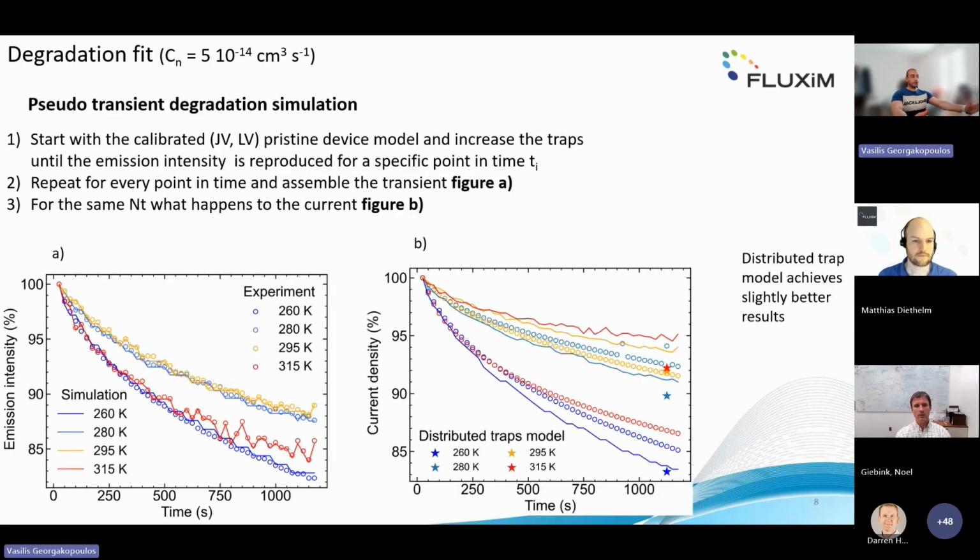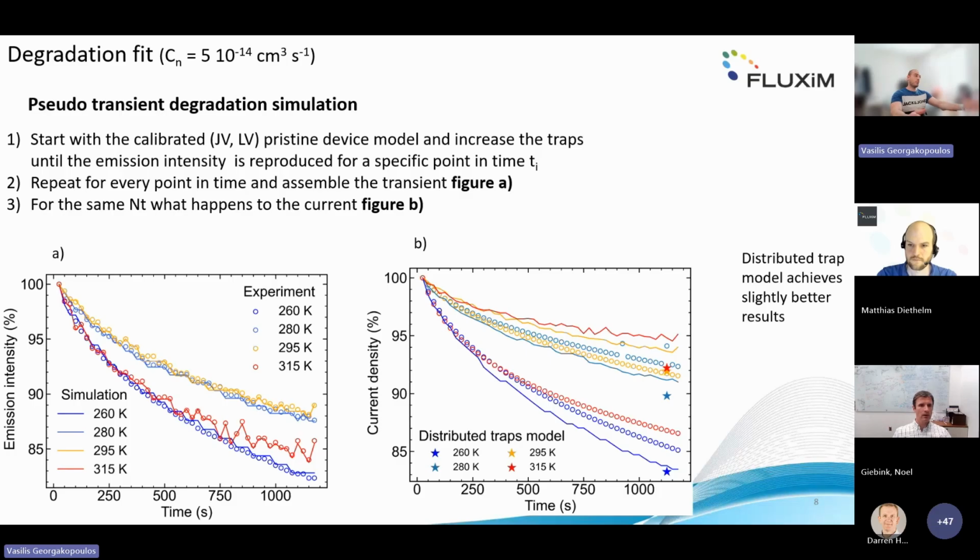So for the degradation fit, as I said before, we stress the device at constant voltage, and we measure the decay of the emission and the current. For the simulation, we did a kind of pseudo-transient simulation where we treat each point in time as a separate state of the device. We start with the calibrated pristine device model, and then we increase the trap density until we can reproduce the emission data for a specific point in time.